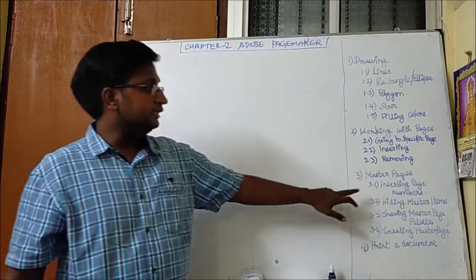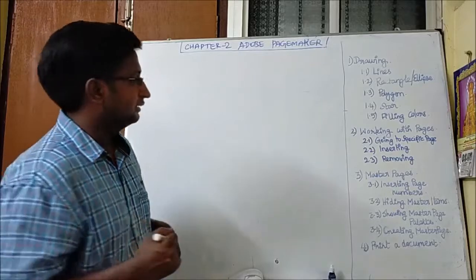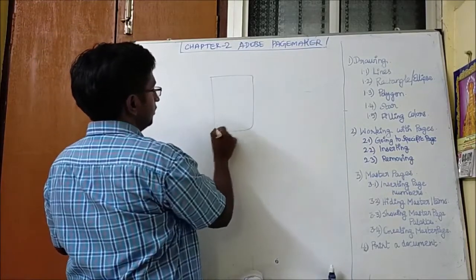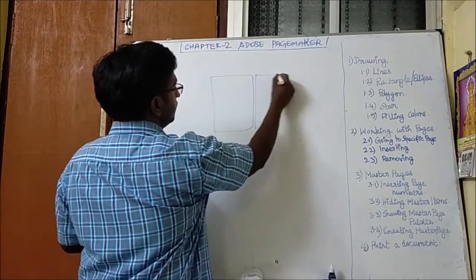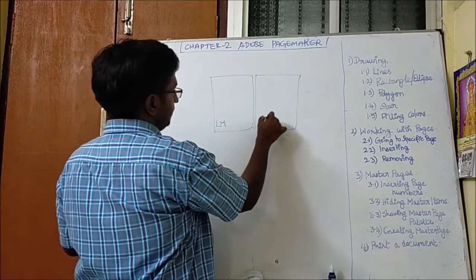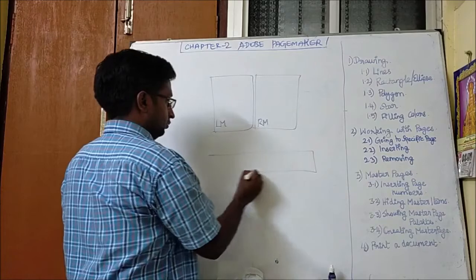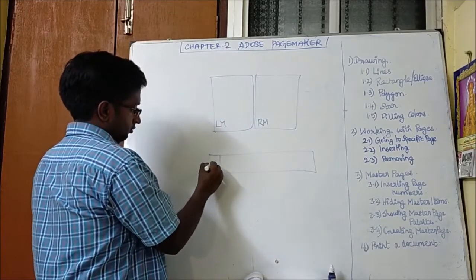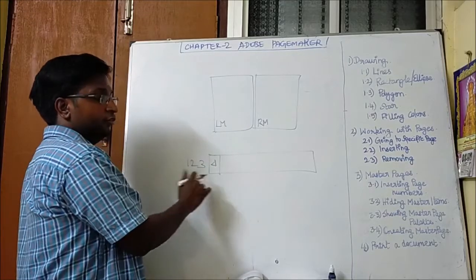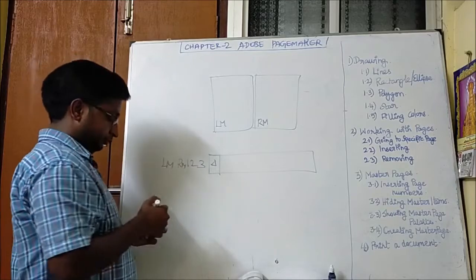And the first one is inserting page numbers. How to insert page number in the master page. So you will be having both left master page and right master page. The master page will be viewed next to the scroll bar. This page number will be having RM and LM.